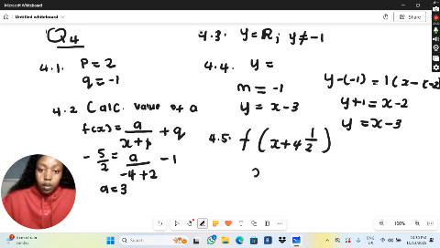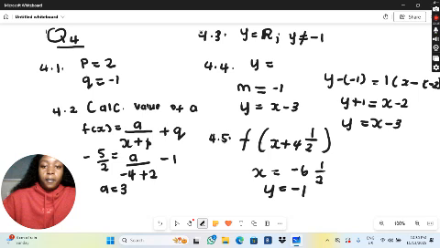So we are going to have x equal to negative 6 1 over 2, right? Then y will be equal to negative 1. Okay, I hope that you all understand this one.